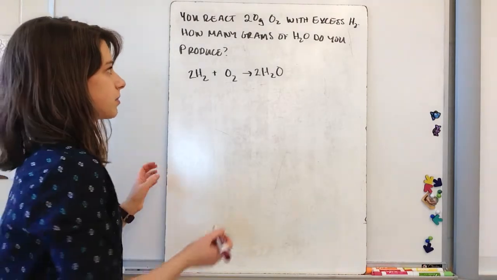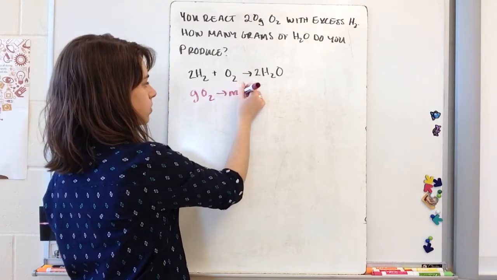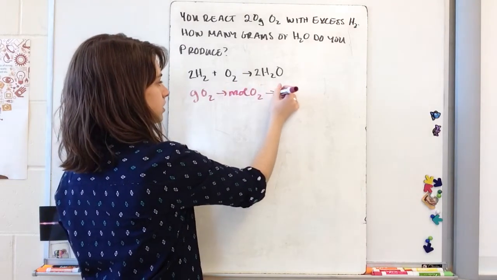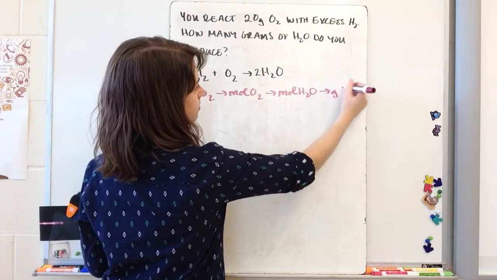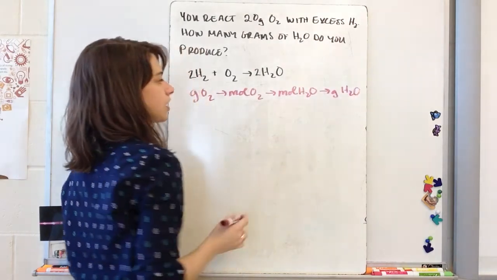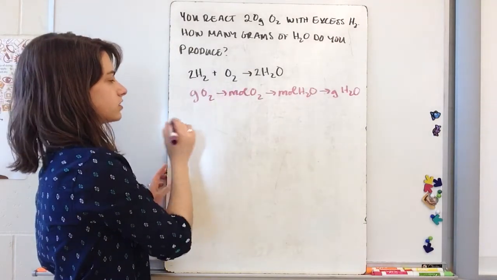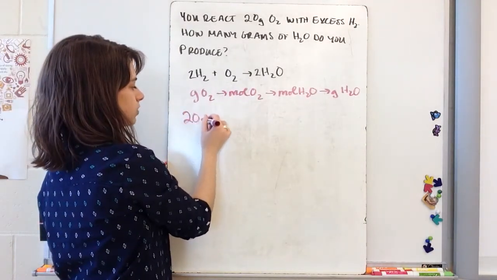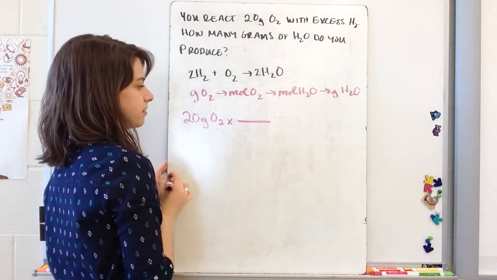So we're going to do a similar process. We're going to go from grams of oxygen to moles of oxygen to moles of water, and then back to grams of water. So there are 3 steps to this. Our first step is to go from grams of oxygen to moles of oxygen. So I have 20 grams of O2, and I'm going to divide by my molar mass.